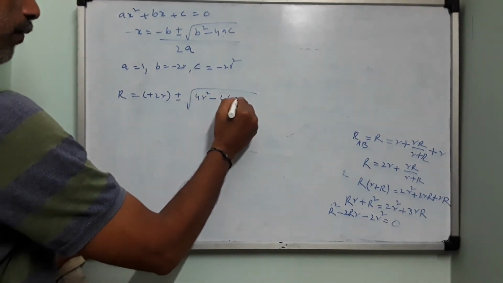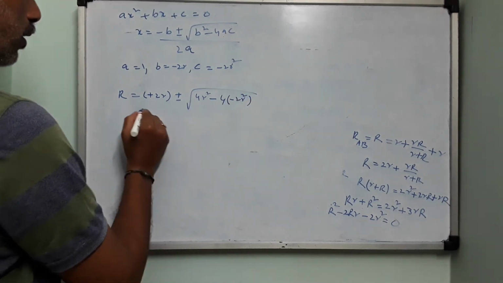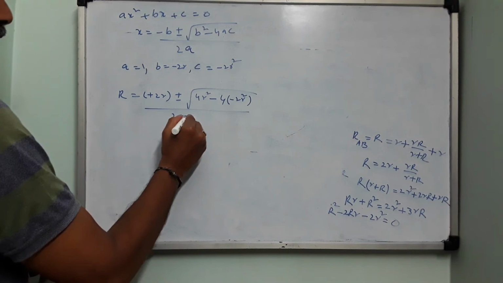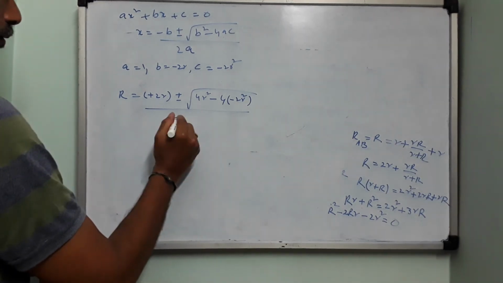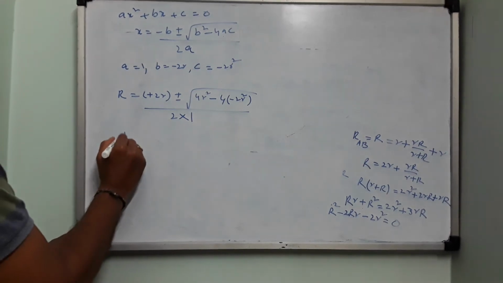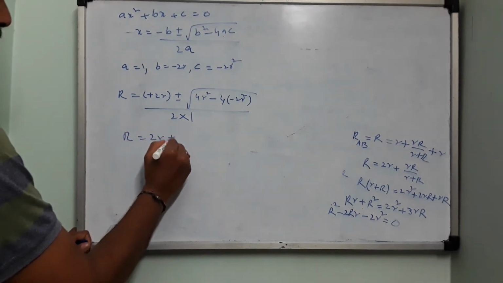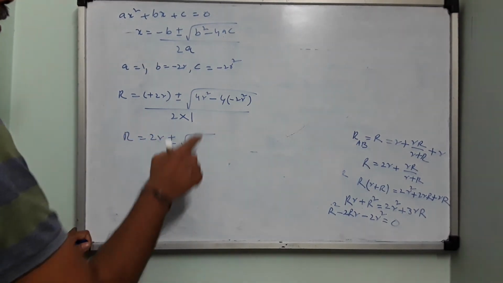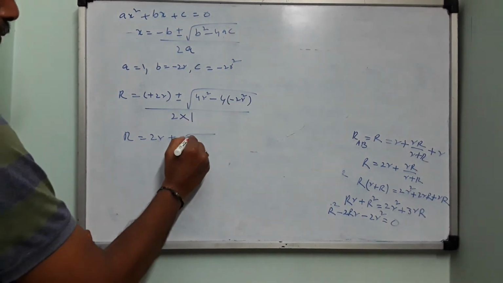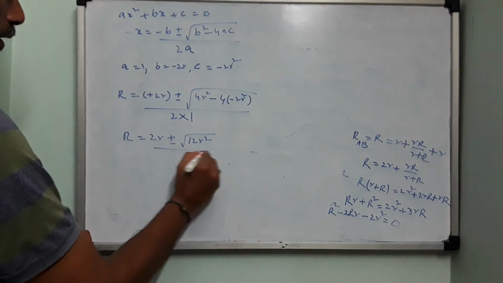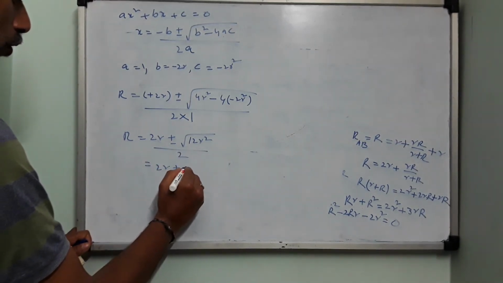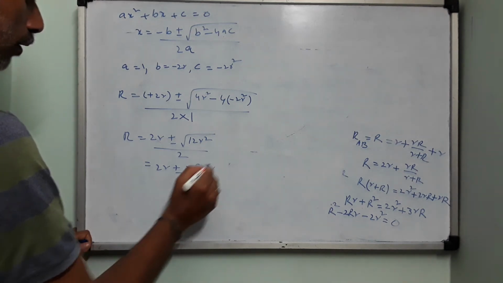I will write one more step, whole divided by 2 into A, which is 1. So R equals 2R plus or minus root over 4R square plus 8R square, which is 12R square, divided by 2.